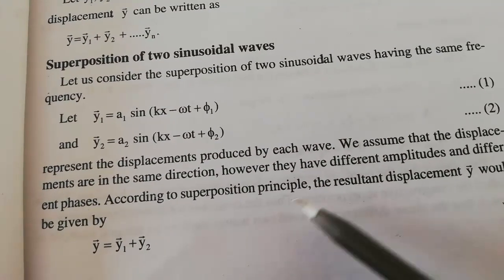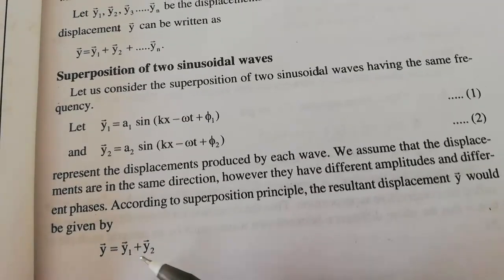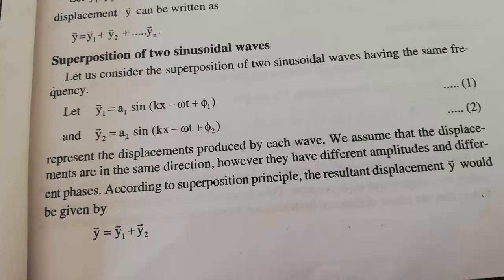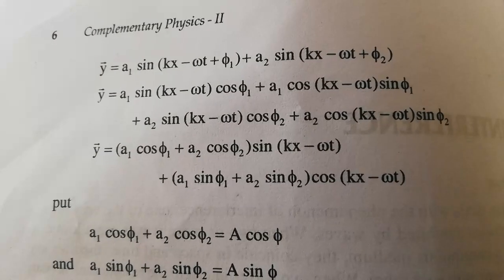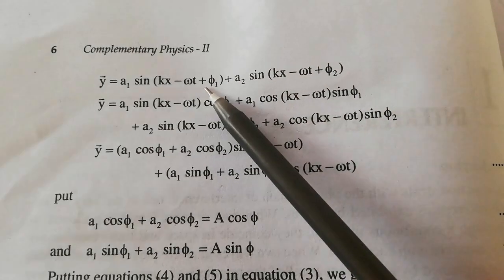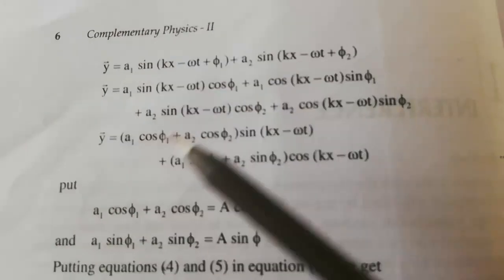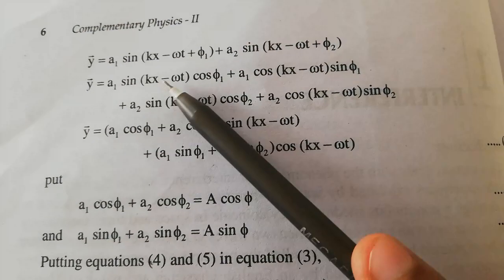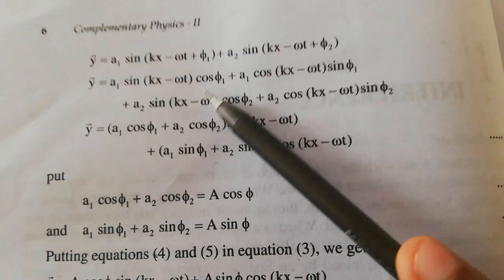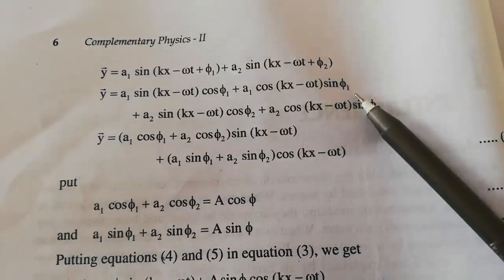Now according to the superposition principle, the resultant y is equal to y1 plus y2. That is, y is equal to a1 sin(kx minus omega t plus phi1) plus a2 sin(kx minus omega t plus phi2). Expanding the first term: a1 sin(kx minus omega t) cos phi1 plus a1 cos(kx minus omega t) sin phi1.